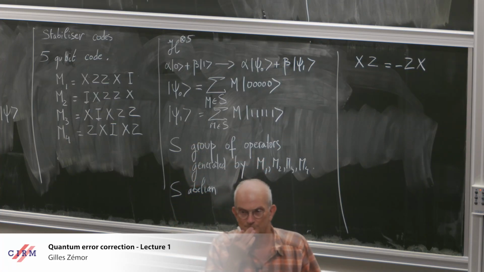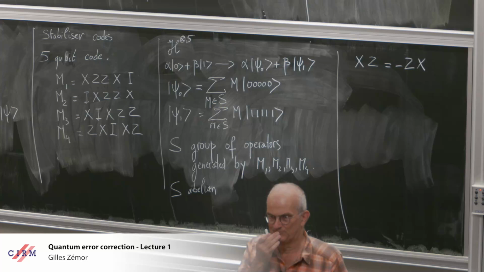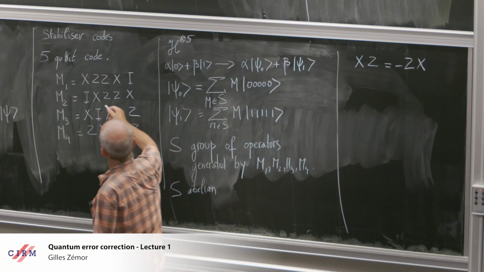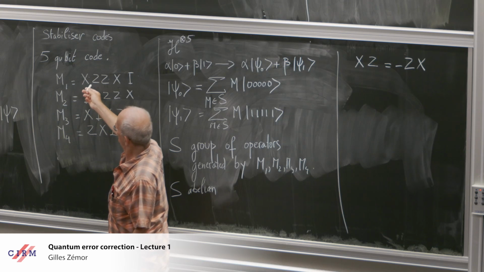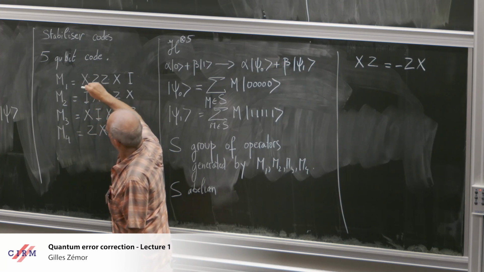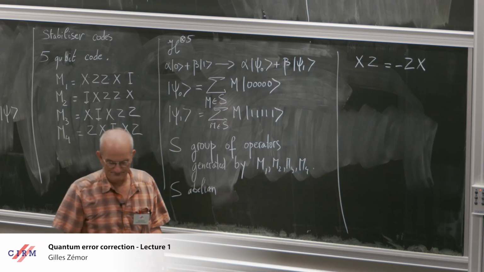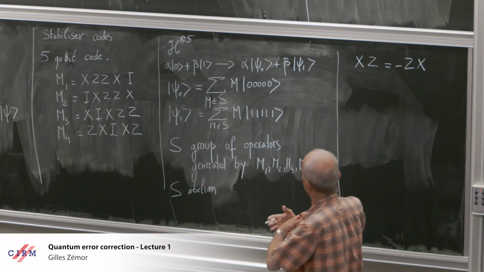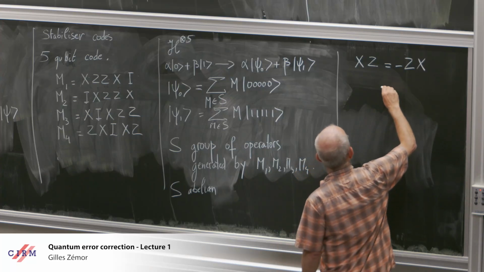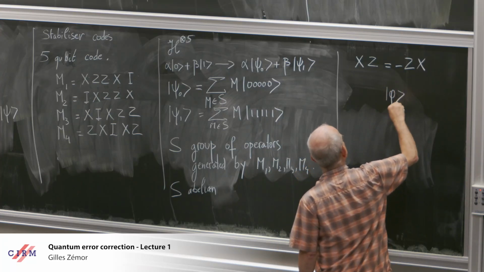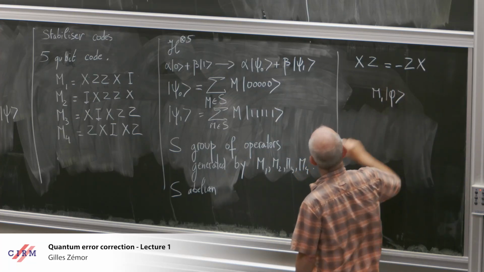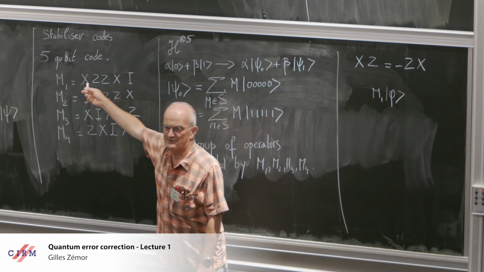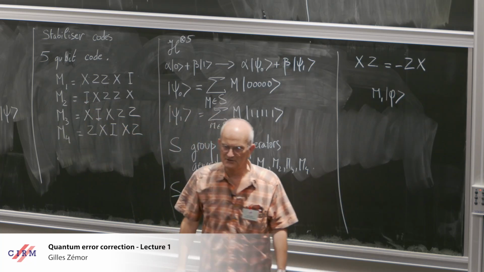Yes? I get confused by the notations. The M1 is a tensor product or a dot product? Yeah, this is a tensor product. Commutation is for composition of operators. It means that if you start from some state phi and you apply the operator M1, it means you apply X to the first qubit, Z to the second qubit, and so on.